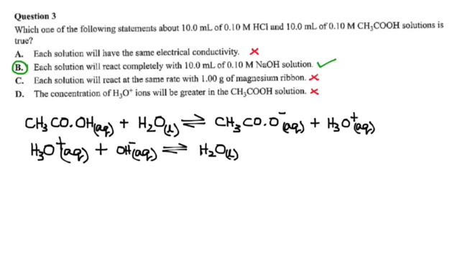Now, what happens guys, even though ethanoic acid is a weak acid, when you start introducing OH minus ions into here, as is proposed in option B, the OHs will react with these and will use them up, okay, because they're electrostatically attracted to each other.